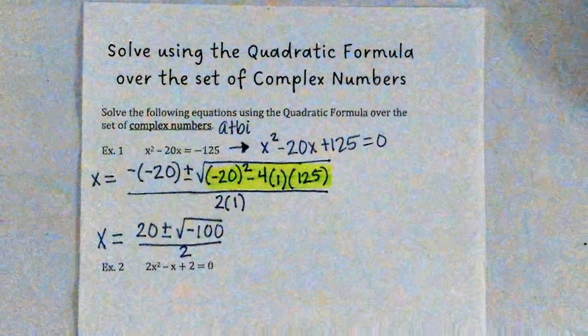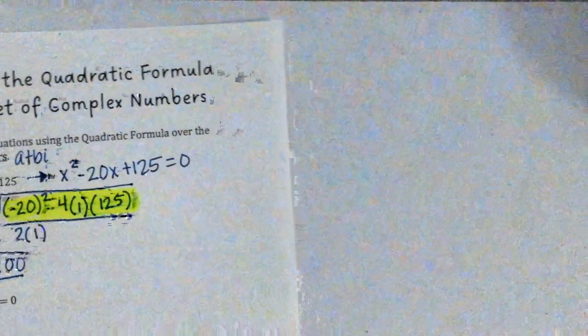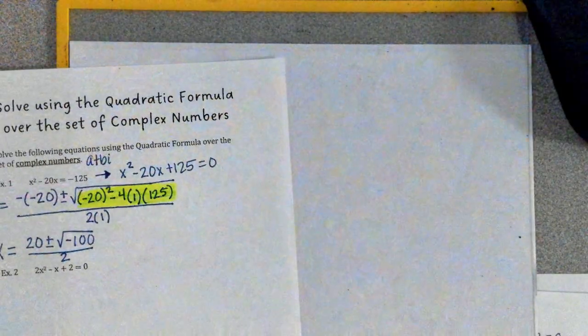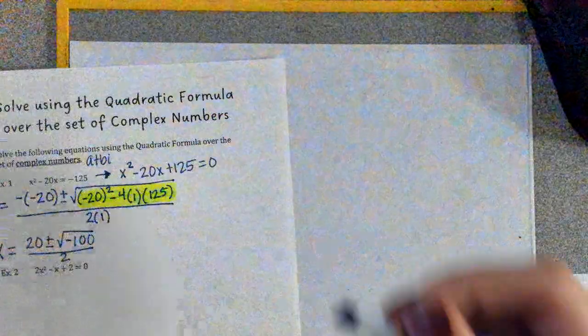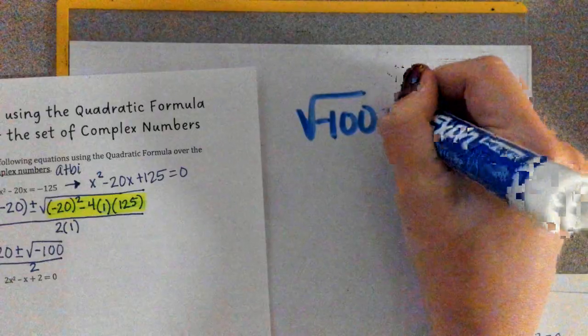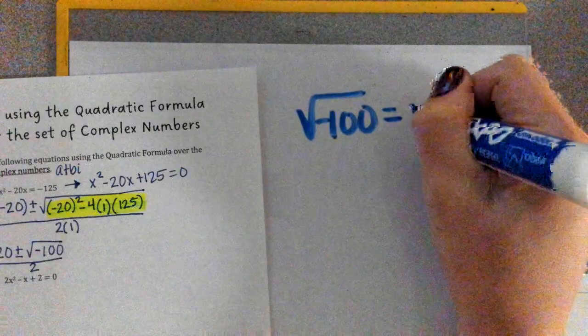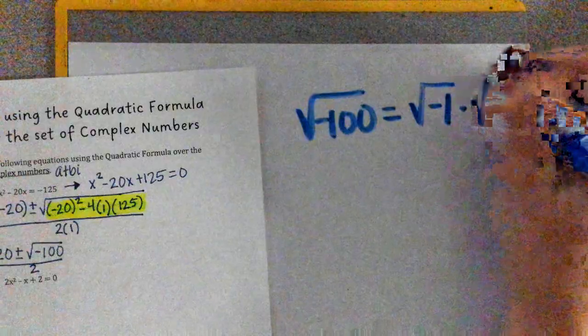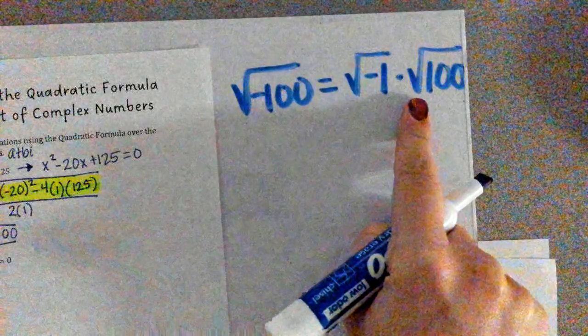Okay, now we can deal with this, right? So I'm going to go off to the side here because I don't really have a ton of space, and kind of jot this down here. If I have the square root of negative 100, the only part that makes this not able to work with is the negative under the square root. So I could say this is the same thing as the square root of negative 1 times the square root of 100, right?